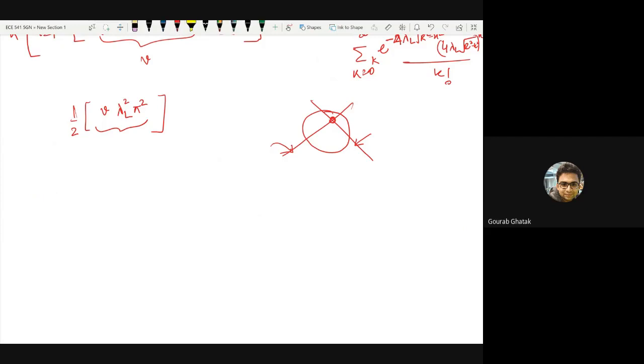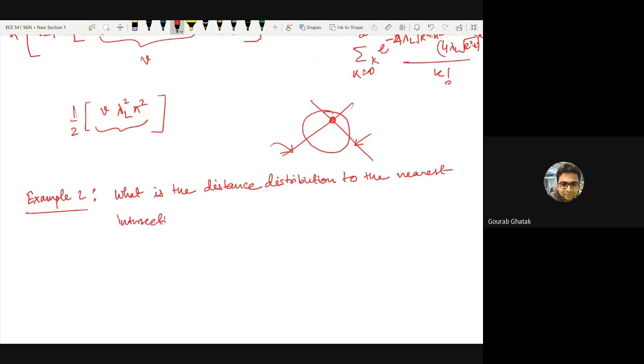If I ask you as a follow-up, what is the distance distribution to the nearest intersection from the origin, right?